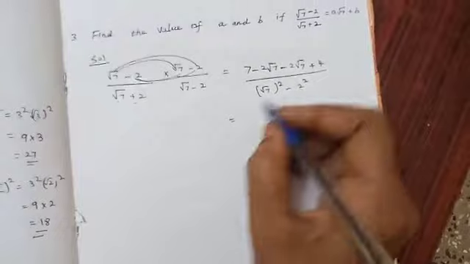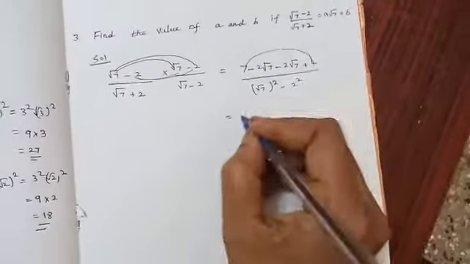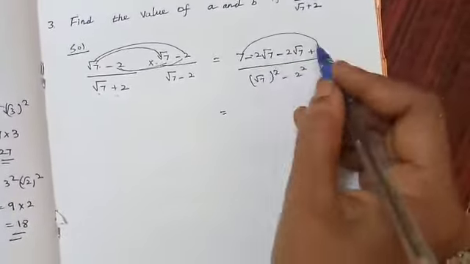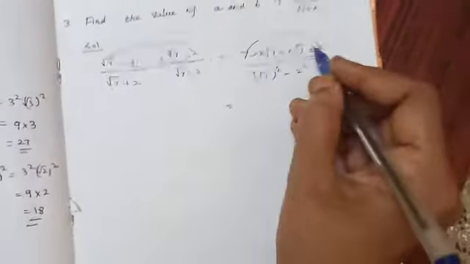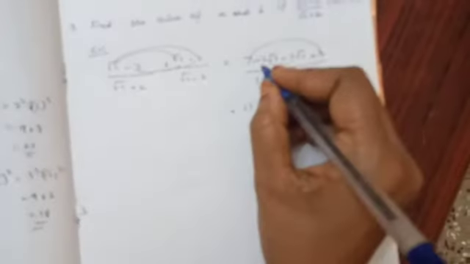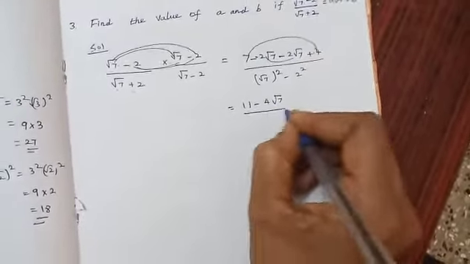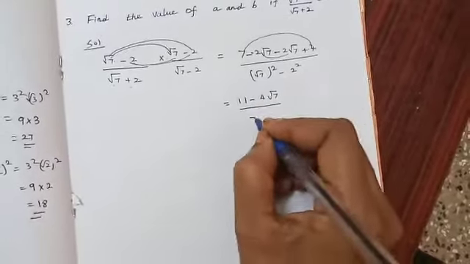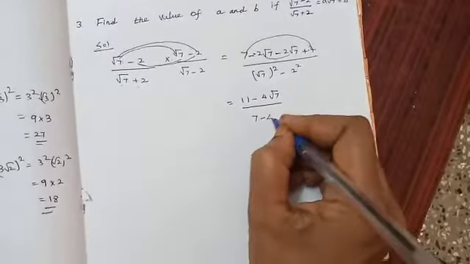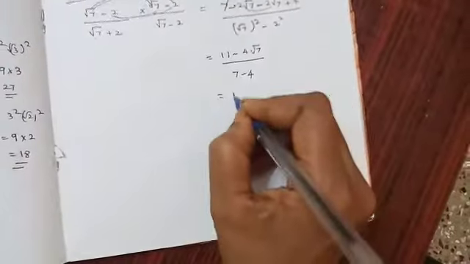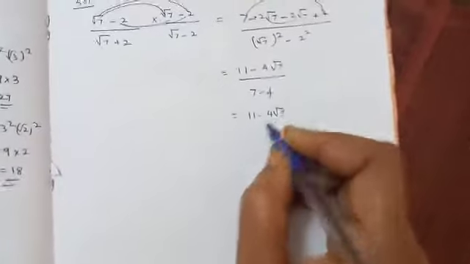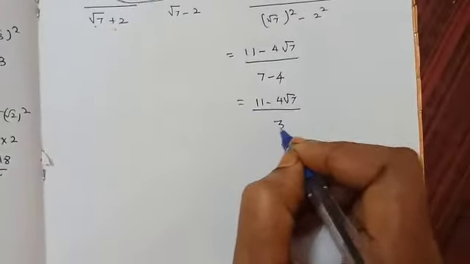That is equal to 7 plus 4. We add only the like terms and like surds. So 7 plus 4, 11, minus 2 root 7 minus 2 root 7, minus 4 root 7, divided by root 7 square 7 minus 2 square 4. Okay, that is equal to 11 minus 4 root 7 divided by 7 minus 4, which is 3.